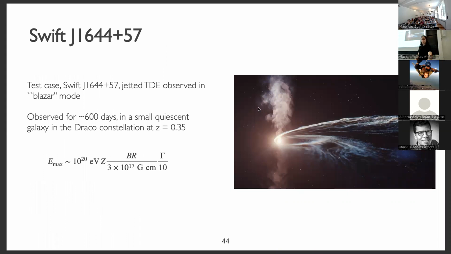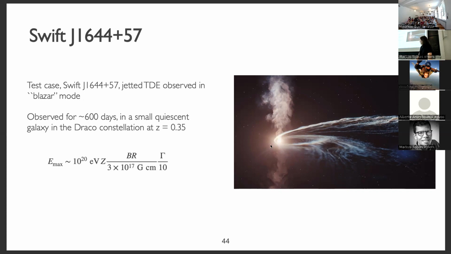Okay, I have about 15 minutes, I think, but maybe I can go a bit faster. Specifically one event: in 2016, Swift saw one tidal disruption event, which is kind of the most beautiful tidal disruption event we have seen in Blazar mode. So we were looking into the jet. For that event, there were no neutrinos associated with it.